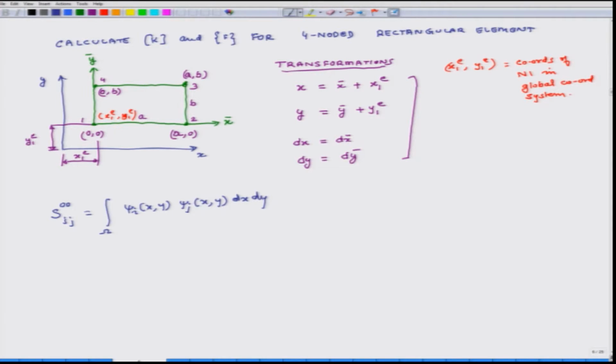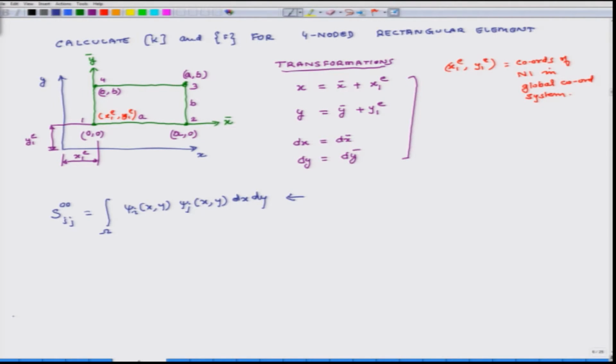This is the original definition for elements of S00. Now, here we note that psi i is expressed as a function of x and y, psi j is expressed as a function of x and y, and the same with psi i also, right.